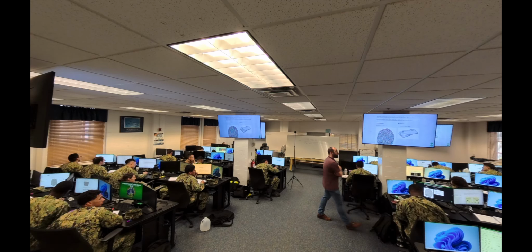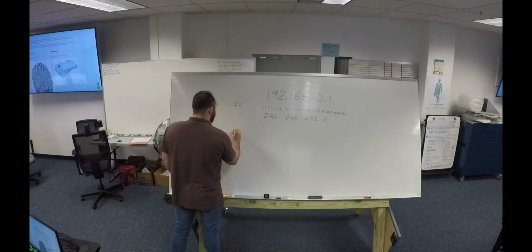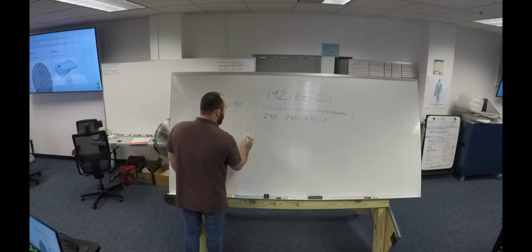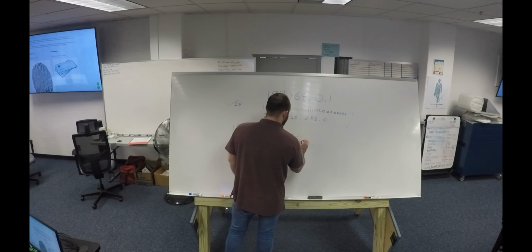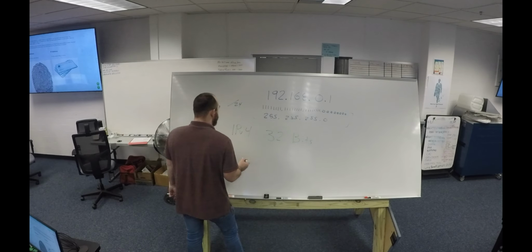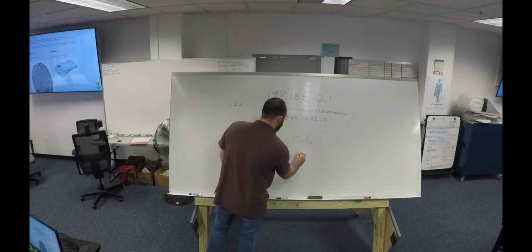IPv4 is 32 bits. Let's write this on the board. All right, everybody, an IPv4 address, how many bits? 32 bits. Probably should do a lowercase b. IPv6 is how many bits? 128 bits.